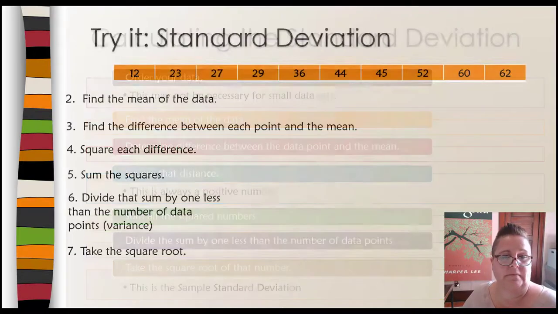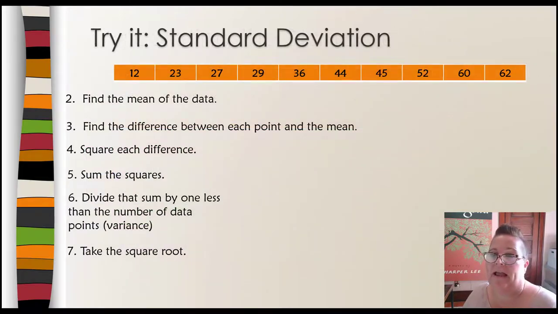All right, now, here I have standard deviation for the same 10 data points that I used earlier in this particular presentation. So, first, are the data points in order? Yes, they are. So the second step is to find the mean for the data.